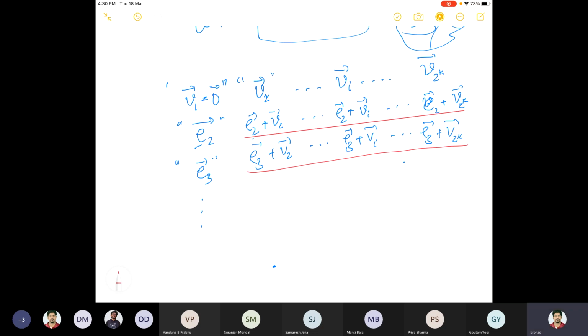Okay, first of all, let's say, can this be equal to this? Or can any row be equal to this? Can this be equal to this?